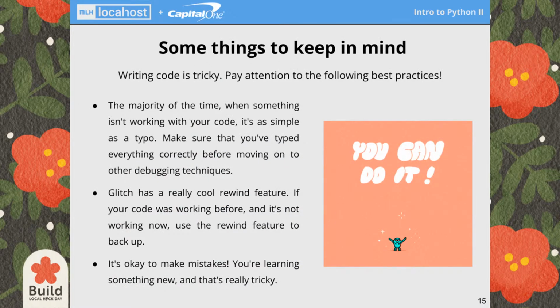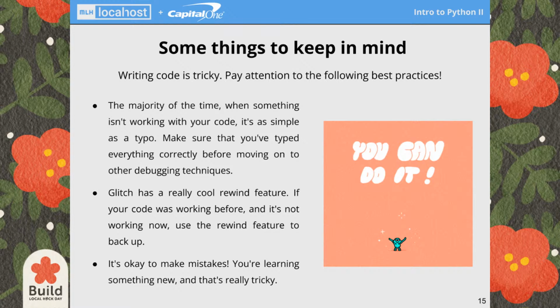Some things to keep in mind: writing code is tricky, so you're going to want to pay attention to certain best practices. The majority of the time when something isn't working with your code, it's as simple as a typo. So make sure that you've typed everything correctly before moving on to other debugging techniques. If it's Java, make sure you didn't miss a semicolon at the end of a statement. Or if it's Python, it's almost harder to make those small mistakes because it has fewer syntax rules.